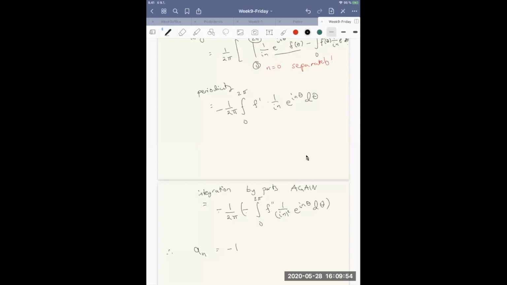So we get minus 1 over 2π, integral from 0 to 2π, f double prime e^{inθ} dθ, over n squared.